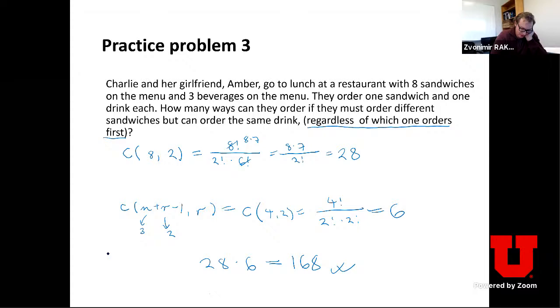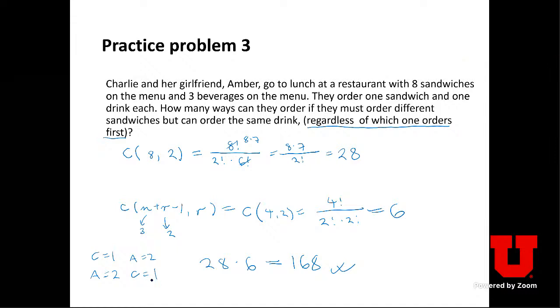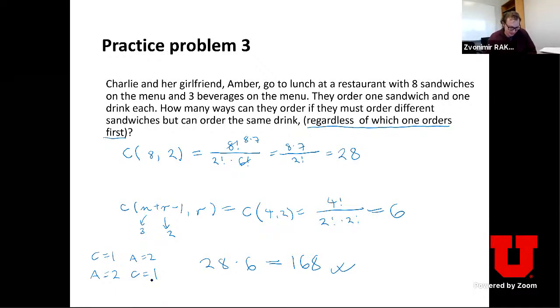So we have the case where Charlie orders first and orders 1, and Amber orders second and orders 2. And that is equivalent to the case where Amber orders first and orders 2, and Charlie orders second and orders 1. Okay, that makes a lot more sense. Yeah, this is what I was trying to say, and I said it in the wrong way. So thanks for bringing this up. Great point.